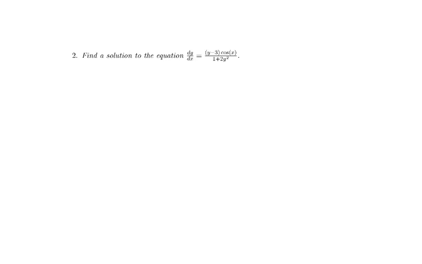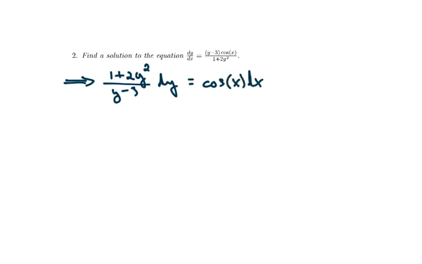Now what that's going to give me is (1 plus 2y squared) over (y minus 3) dy equals cosine x dx. And I want to now integrate both sides because it is officially separated.